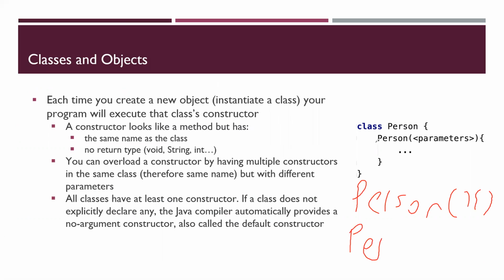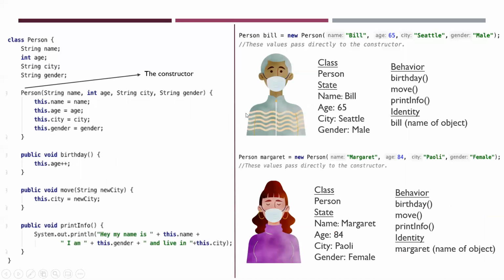And if I wanted to, I can also have one that takes an argument, like a string name. That's what it means. This goes with any method: you can have multiple methods with the same name, as long as they have different parameter types.